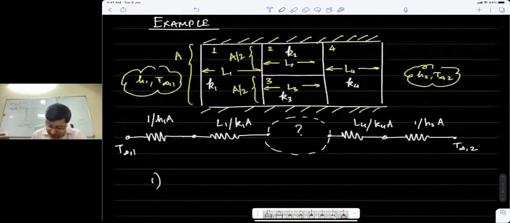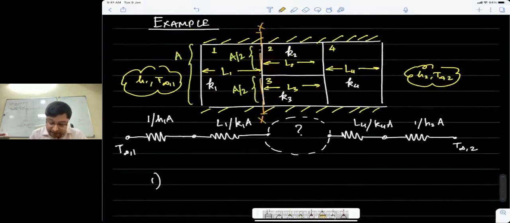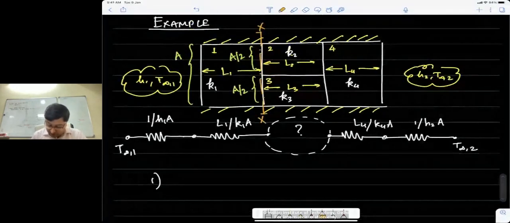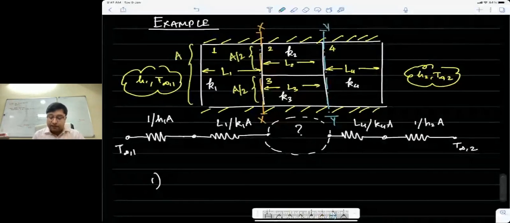So let me say there is one section, let's say XX, and let me draw a different section in a different color because I will use that. So we have a section, let's say YY.